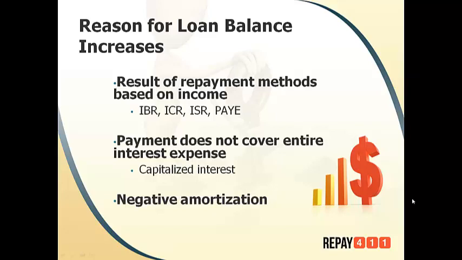An example would be if you are only paying $100 and your interest is $150, you're not paying the $50 of interest. Depending on your student loan mix, this could cause negative amortization on the loan, and depending on the type of loans that you have, this may add additional debt onto your current loan balance.